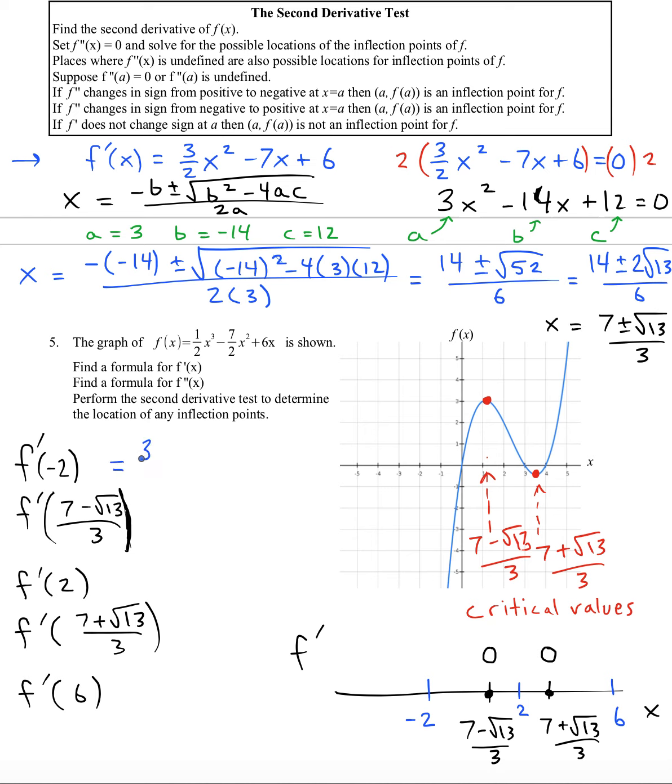So let's do 3/2 times -2 squared minus 7 times -2 plus 6. See what we get for that. I get 26. Now, since that's positive, we want to come down here and just put a plus there.